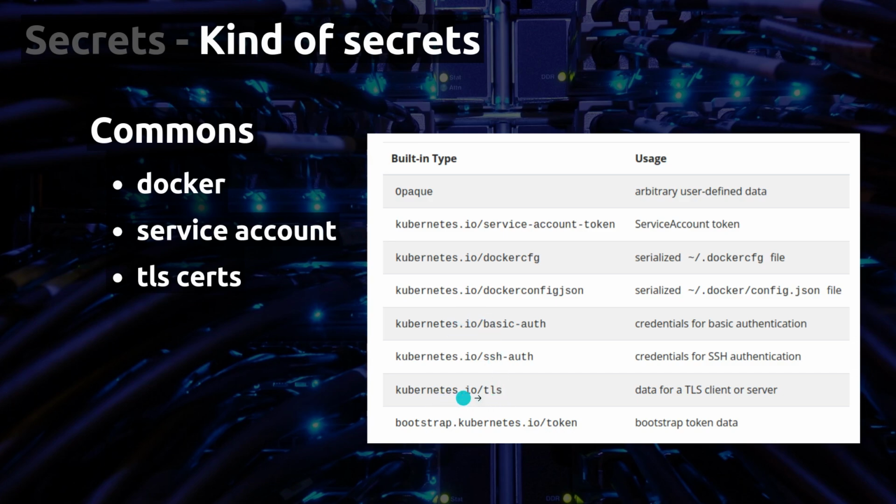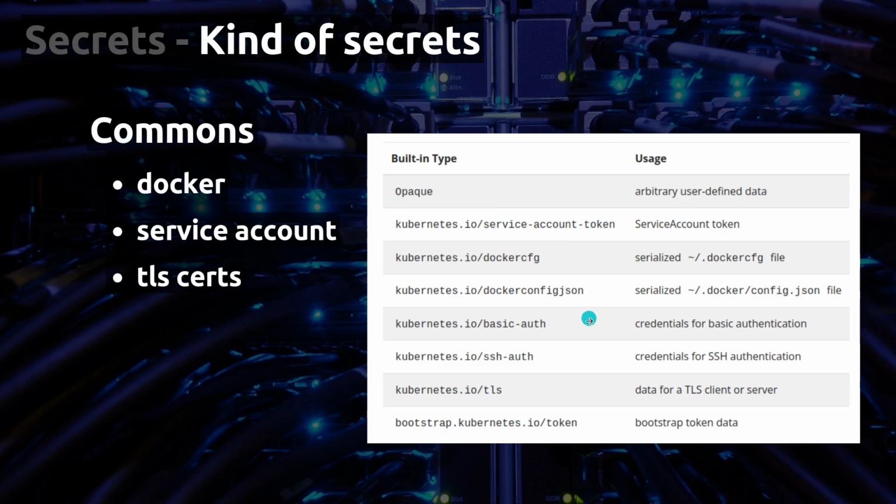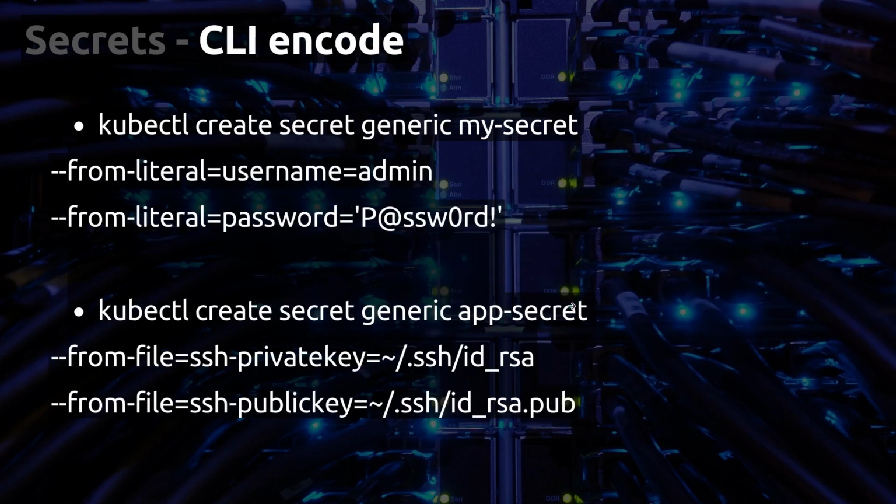And you can set a certificate, a TLS certificate, or a token. This is important because for each kind of secret, you have a dedicated structure. For Opaque, it's open and you are free to set all the keys that you want. But for Docker JSON, you need to set some specific things like that. For example, you can see here we have a generic.